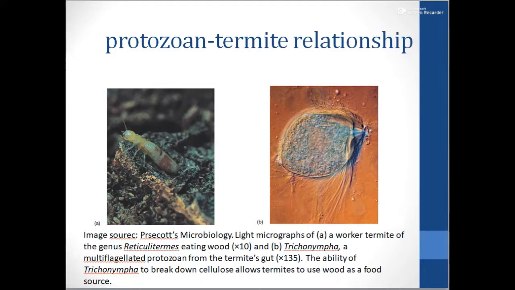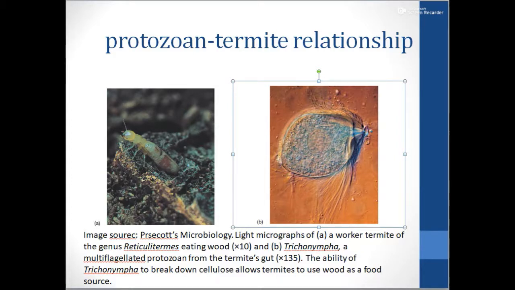So now in this symbiotic relationship, the protozoan is producing cellulases, and the cellulases are used to degrade the wood. When the cellulose is broken down by Trichonympha using the cellulases, it gets converted into acetate as well as other products.